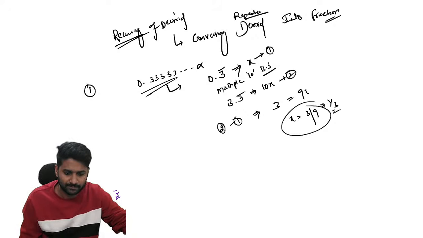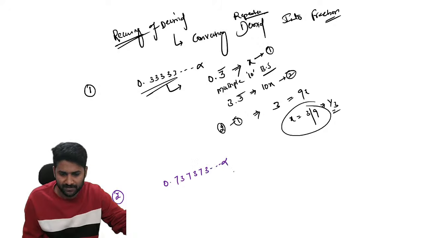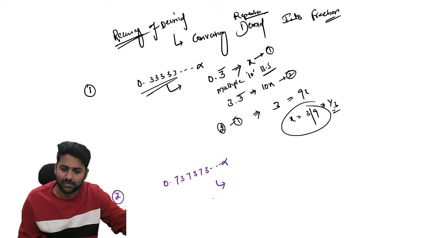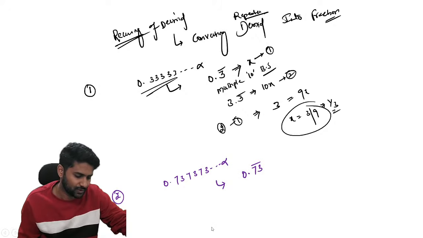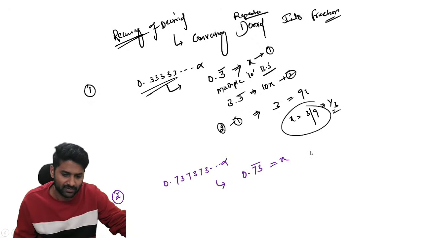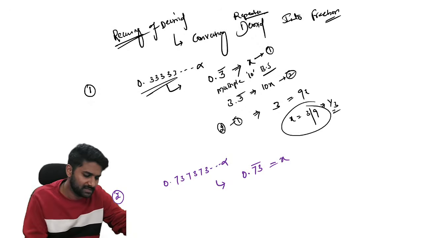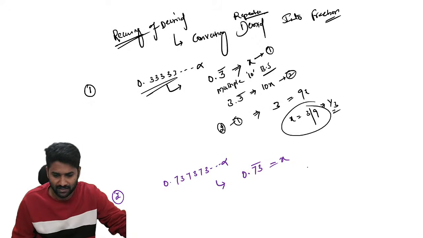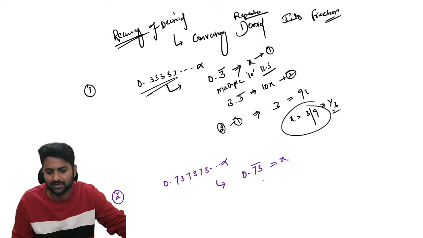Let's try one more: 0.737373 infinity. You know that 0.7373 infinity is 0.73 bar. Now two digits are repeated, right? Let us consider this as the value of x. Now in this question we have to eliminate two bar values. How are we going to eliminate them?